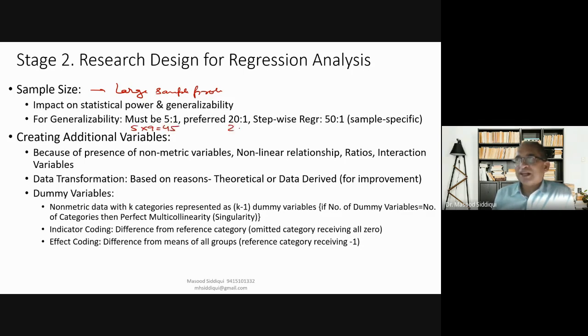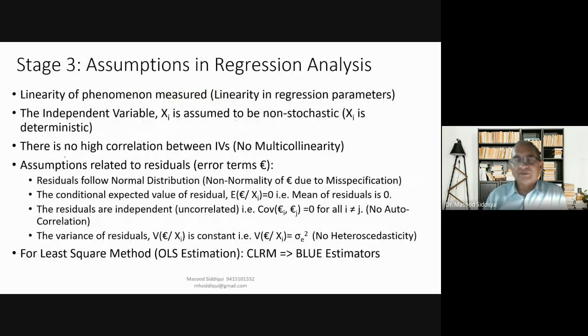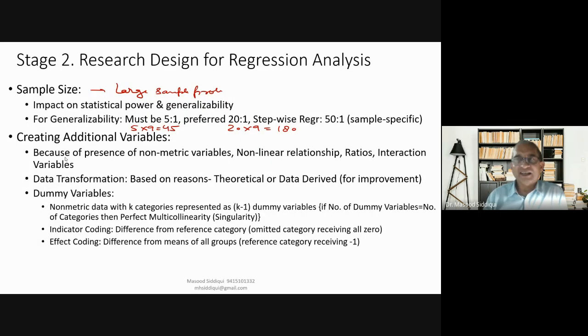But for a better analysis, the ratio is 20:1, so our sample size should be more than 180. We already have a sample size of 300, so this is okay, right? These concepts I will take up later on. Now I am running the analysis and then we will be discussing. So any question up to this point, or should we run the analysis through SPSS?